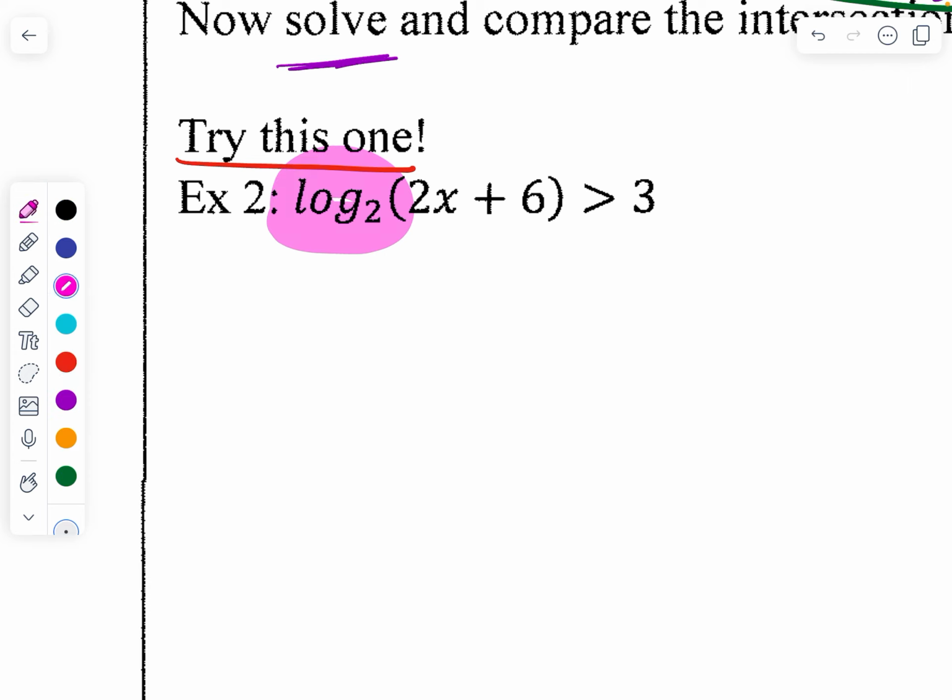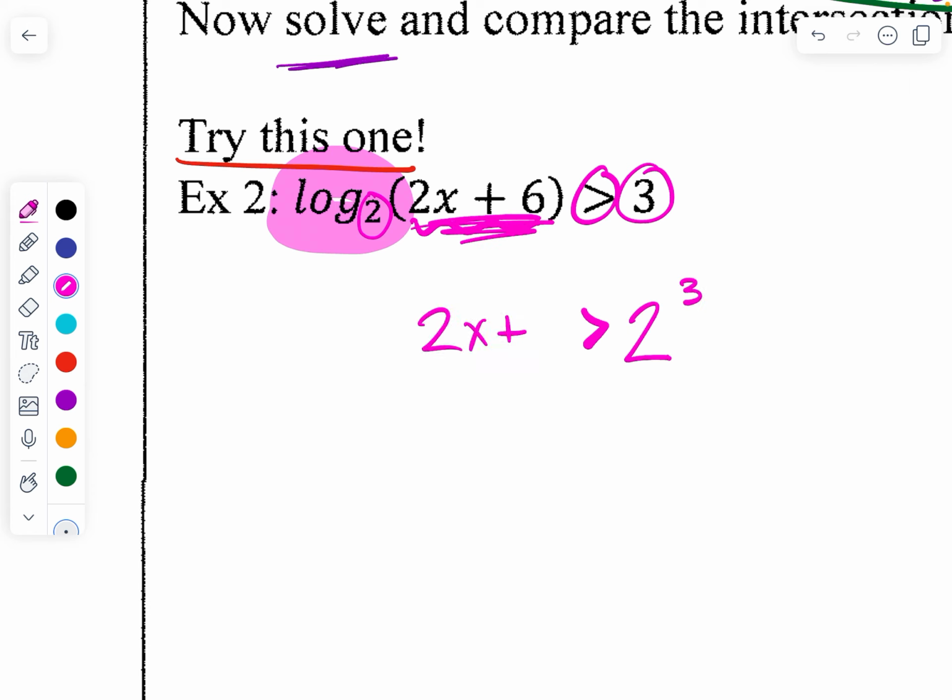But keep in mind, the argument is staying on the left side of the inequality here. So here's our inequality. We know left to the right equals the middle. So we're going to put the left to the right on this side, and 2x plus 6 goes here. Because this is the argument, it has to stay on the left side of the inequality.